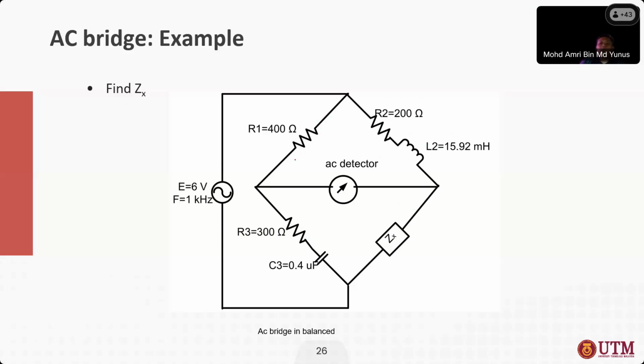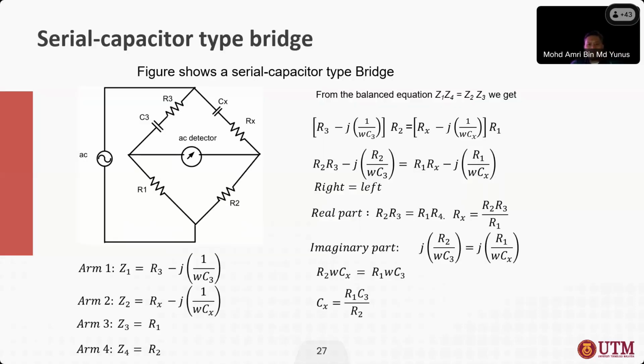Like R1 is a pure resistor, but R2 has an inductor. So for the inductor, we have to estimate the reactance. And also on the third arm we have a capacitor in series with a resistor, so we need to estimate the reactance of the capacitor C3.